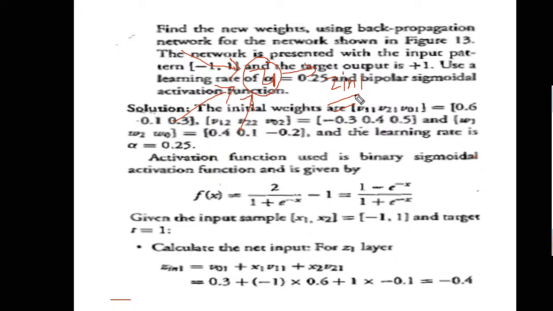Similarly, we will also calculate the total net input at z2, which we will represent by z_in2. So the first job is to calculate z_in1 and z_in2. Once we calculate these, we substitute them inside the activation function. Here the activation function given is the bipolar sigmoidal function.